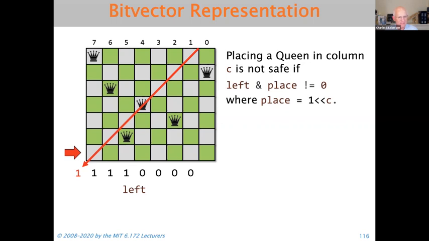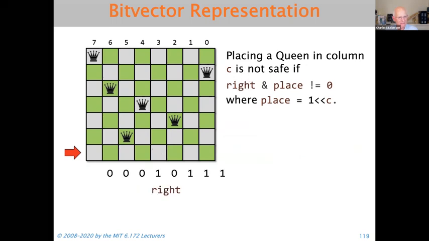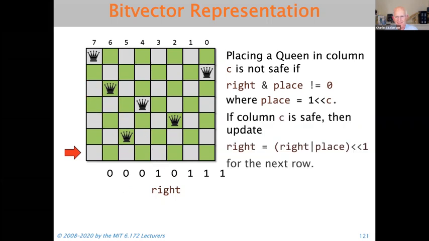It's safe if there's a 0 in it, and otherwise it's not safe. If you've got nothing in it, then we get a 0 in those positions. We can play the same game for the left diagonal as we did for down, and the right diagonal is similar. So those are the 3 bit vectors we're going to use.